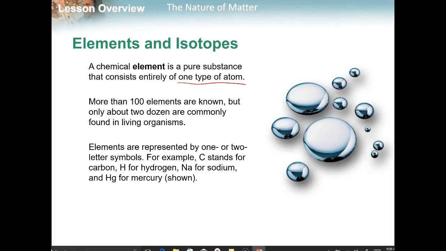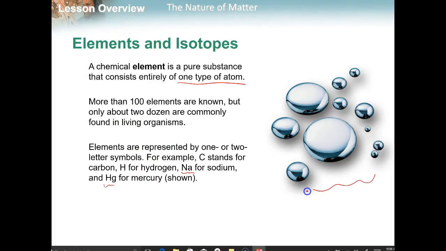So you probably know this. You've seen that a capital C stands for carbon, a capital H stands for hydrogen, a capital O stands for oxygen, and then sometimes they have 2 letters, like sodium is going to be Na, capital N, lowercase a, and mercury is going to be capital H, lowercase g.